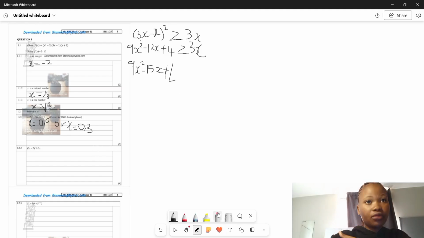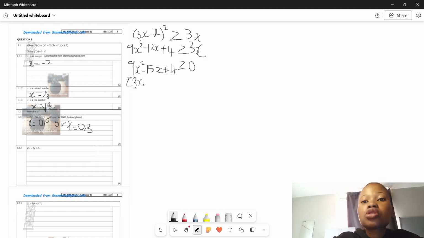By the way, we are solving for x, right? 9x squared minus 15x plus 4 is going to be greater or equal to 0.